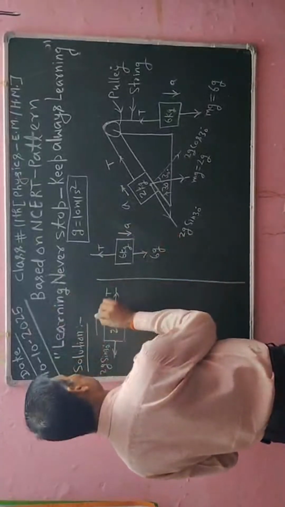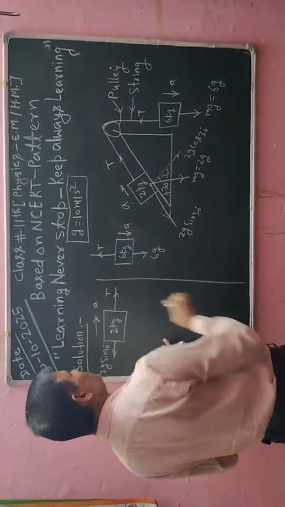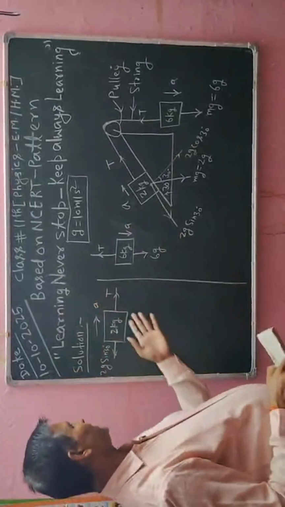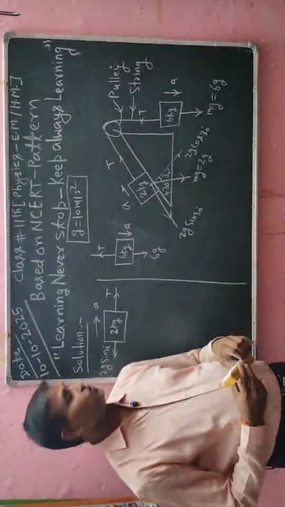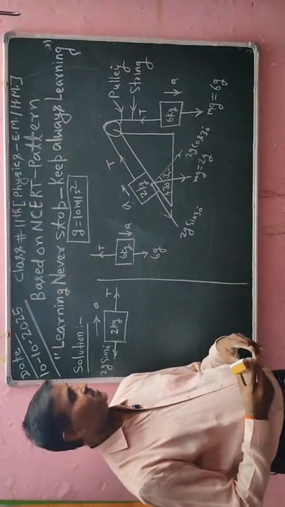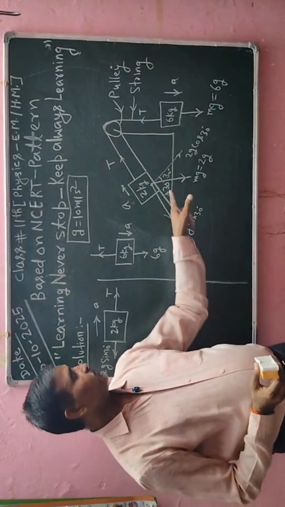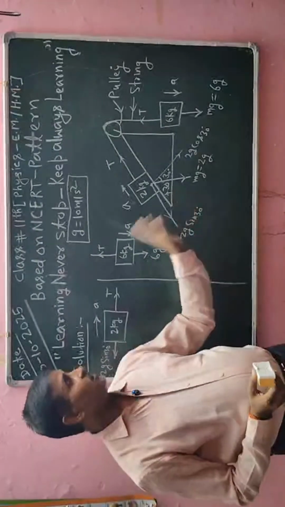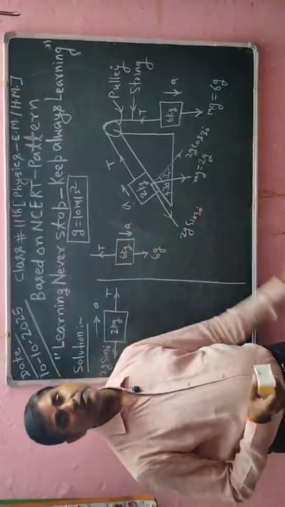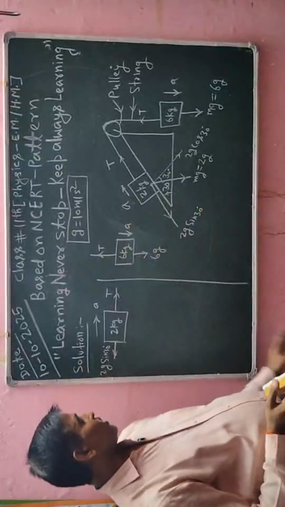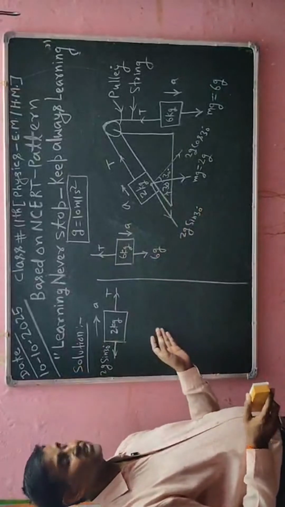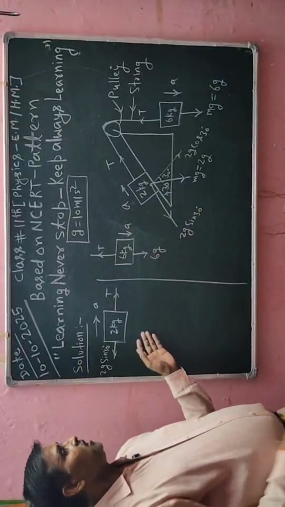So we have to calculate the acceleration value and also the tension force which exists in the string. This is the second case if theta is 30 degree, and in the first case theta will be 0 degree. Okay students, now I am going to apply Newton's second law of motion for writing the equation.